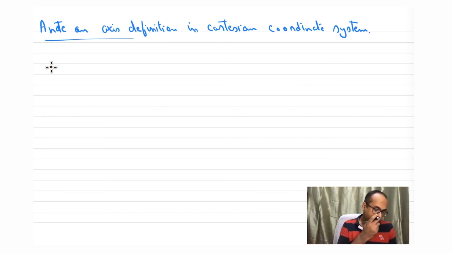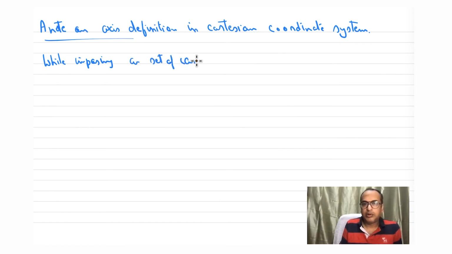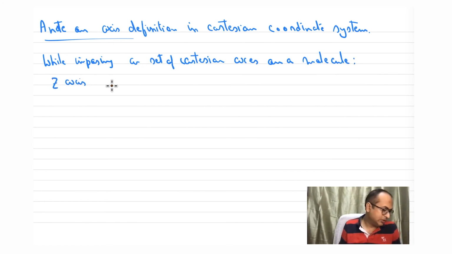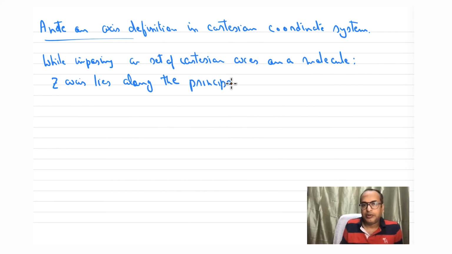So you can say that sometimes it is required in this course, while imposing a set of Cartesian axes on a molecule, that the z-axis lies along the principal axis of rotation.